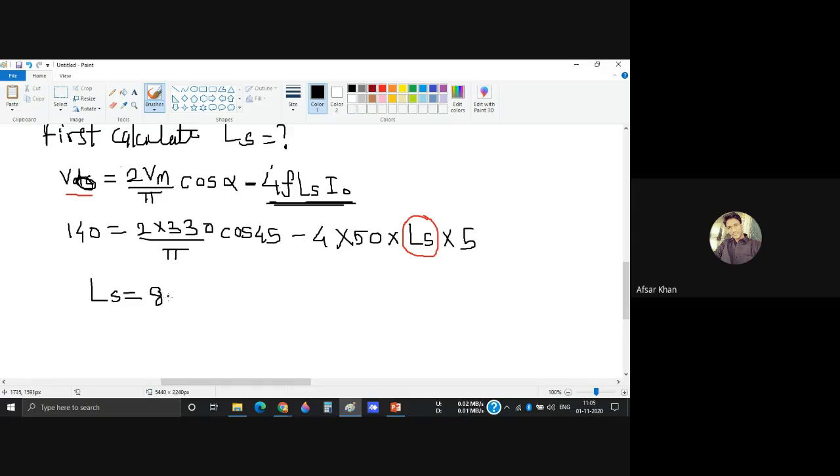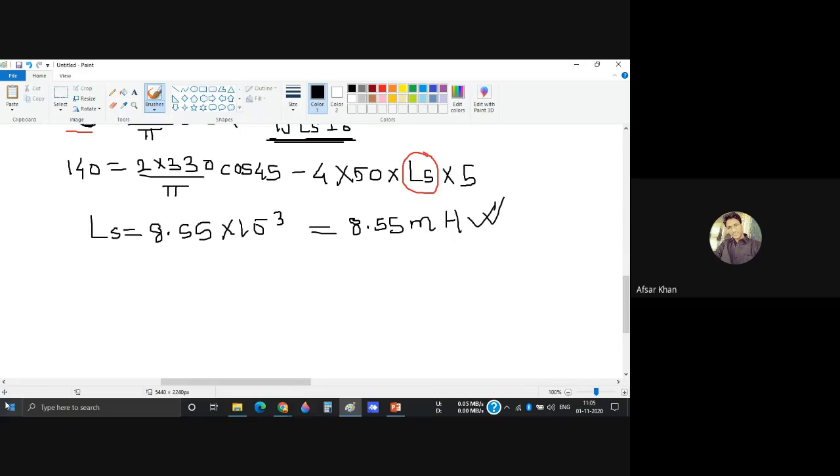Yes, very good. It is 8.55 into 10 to the power minus 3, that is 8.55 millihenry. So we have calculated the source inductance LS. If this LS is 8.55 millihenry, it will definitely have some voltage drop. If it is 0, it will not have any voltage drop.